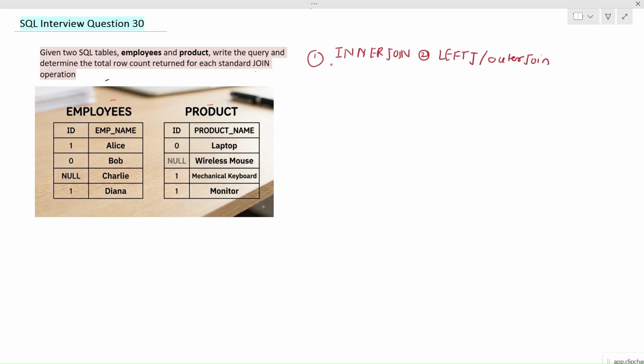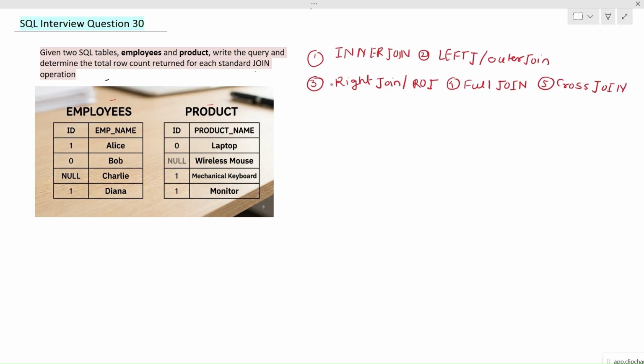Third, we have right join. Right join is nothing but the right outer join. Fourth, we have full join. Full join is the same as full outer join. And fifth, we have cross join. Cross join is nothing but the Cartesian result, we can say.